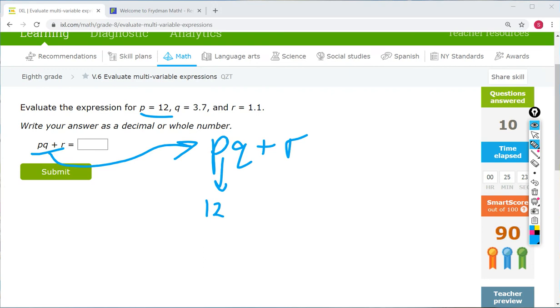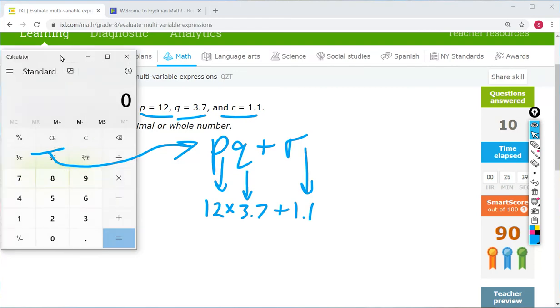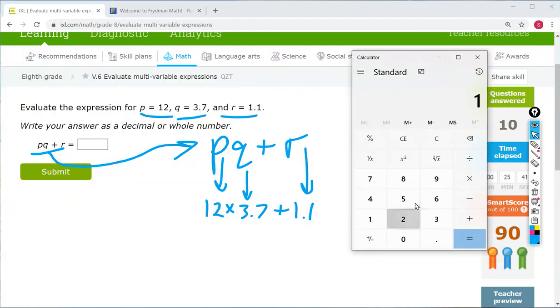These are right next to each other, so we're going to multiply by Q, which is 3.7. And we're going to add R, which is 1.1. Okay. Feel free to use a calculator here. I'm going to use a calculator and just do 12 times 3.7 is 44.4.